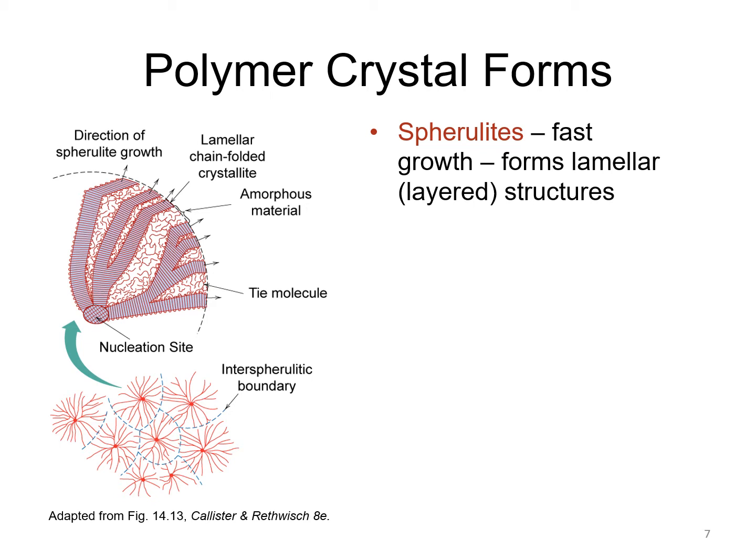So for polymers, we can see here the nucleation site of polymer materials and the direction of the crystal growth. This one here is the lamellar chain-folded crystallite, and in between them we have the amorphous material and the tie molecule. And we have this boundary that is called the interspherulitic boundary between them.